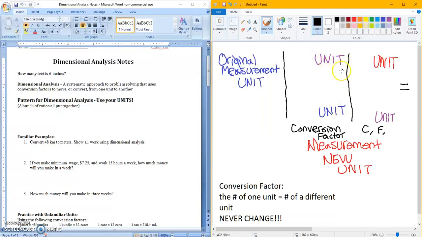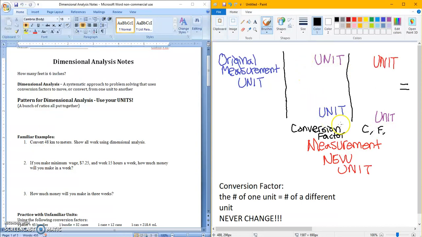And I put the new units I want on top. Now the cool thing about dimensional analysis is this can go on forever, changing units. So if I wanted to change it to another unit, I could just draw another line. I make sure the units up and below match so they cancel out. And then I have my new units. All right? So that's the first thing you should do. Set up your units and make sure you know where everything's going.